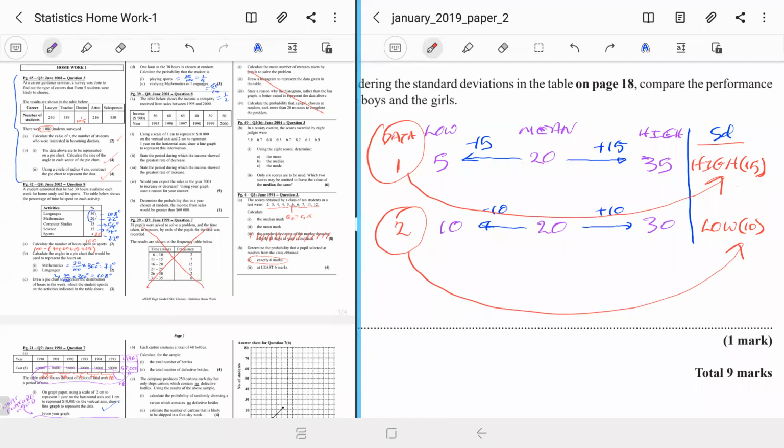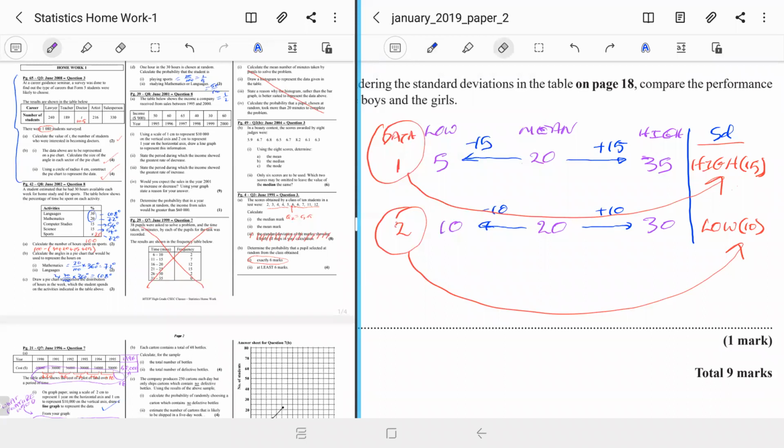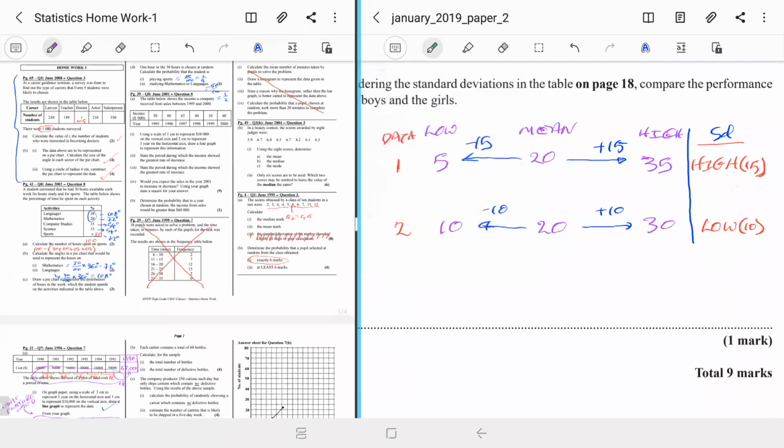If you notice in data 1, let me take out these red lines. In data 1, the values vary more from the mean than in data 2. The values in data 2 are closer to the mean.